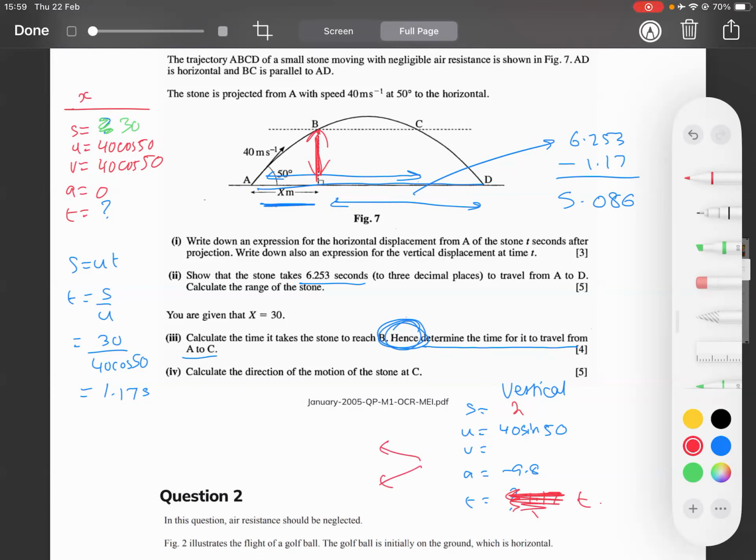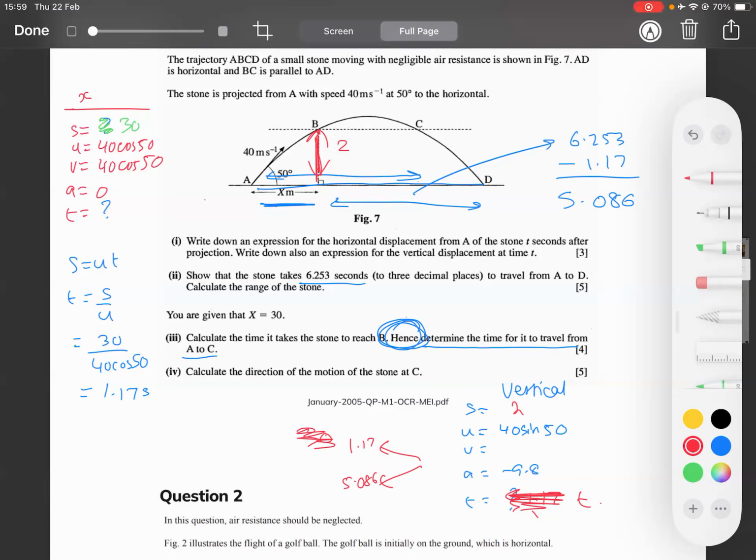One of the answers will be the same answer, 1.17, and another answer will be 5.086.